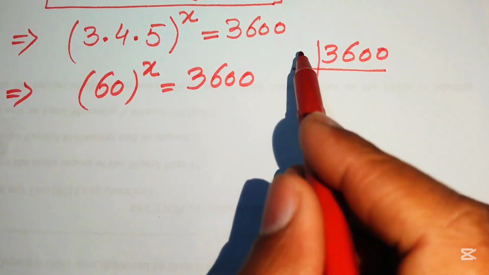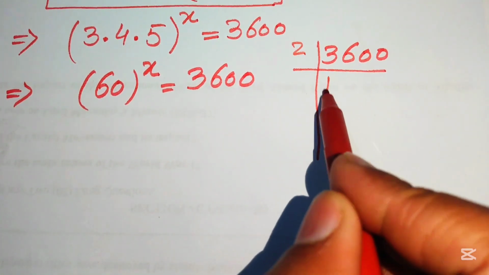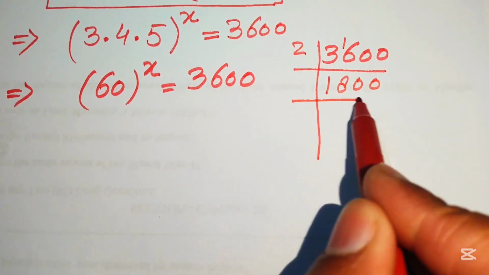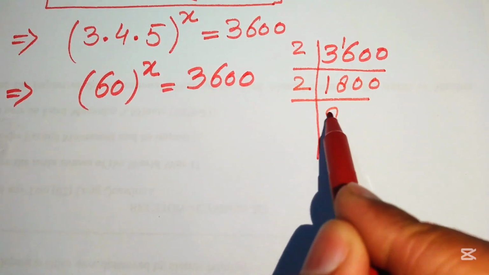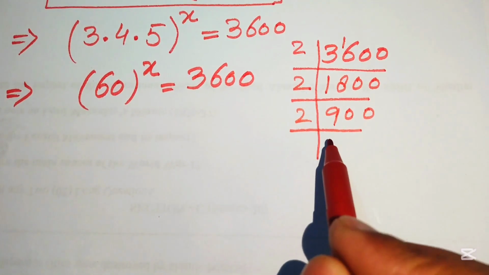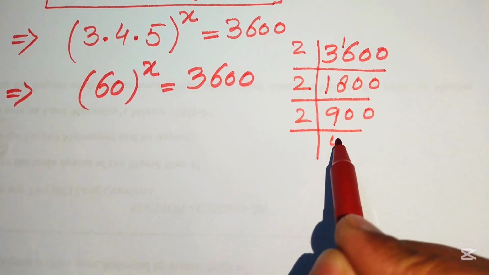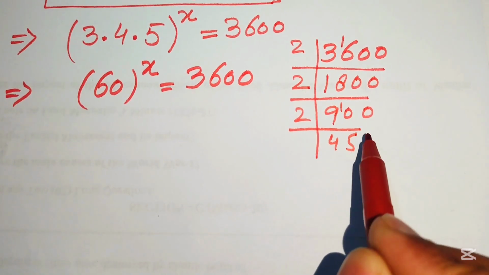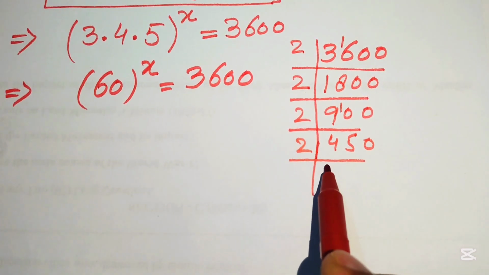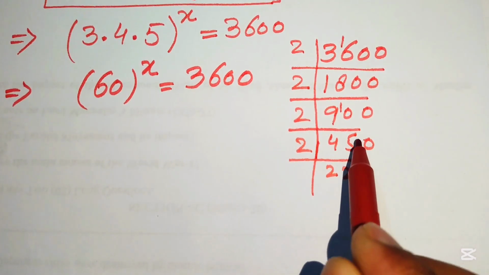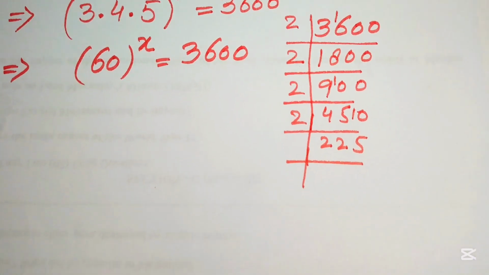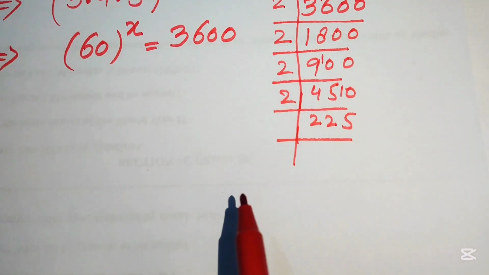First we divide it by 2 and get 1800, again by 2 to get 900, again by 2 to get 450, and again by 2 to get 225. Further we cannot divide it by 2.